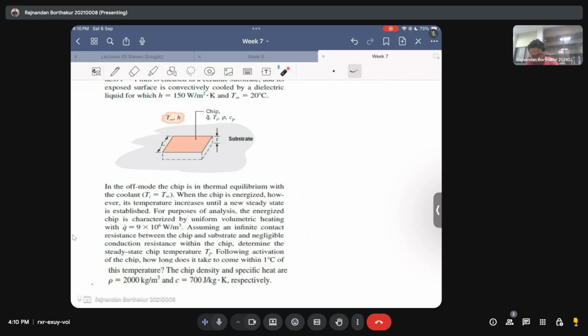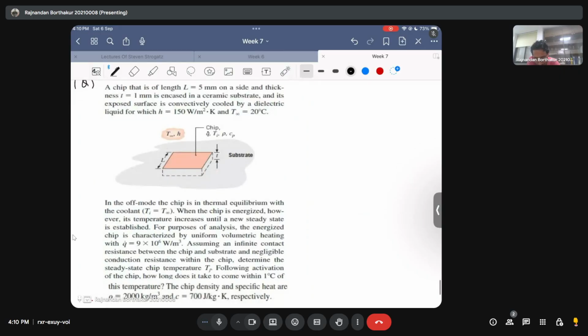Now first of all, two things that you need to understand from this problem. The temperature of the chip rises because there is a uniform volumetric heat generation of a constant magnitude of 9 times 10 to the power 6 watt per meter cube, which means that even though this problem has said that this is a lumped body, there is heat generation taking place in the chip, so you cannot use the expression theta by theta_i equal to exponent of minus Biot times Fourier in this scenario.